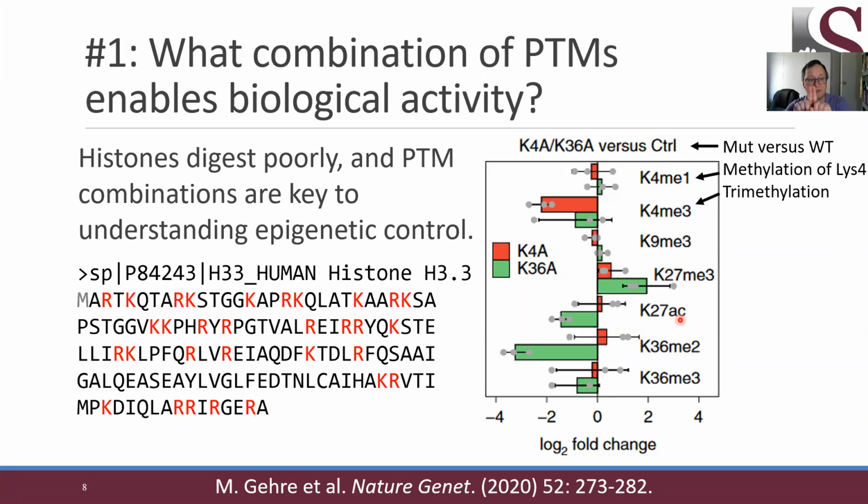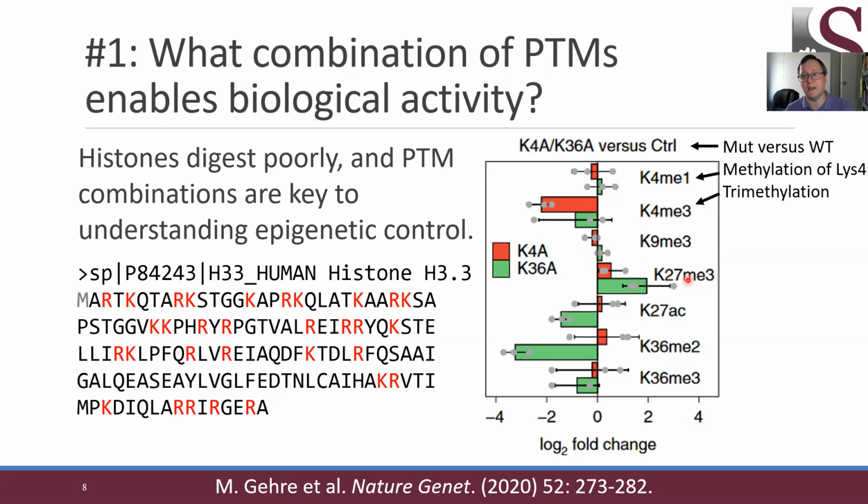So we need to be able to resolve very close masses to discern a trimethylation from an acetylation. And in fact, at the lysine at position 27, we must distinguish between trimethylation and acetylation because they behave differently in this mutant versus wild type format.